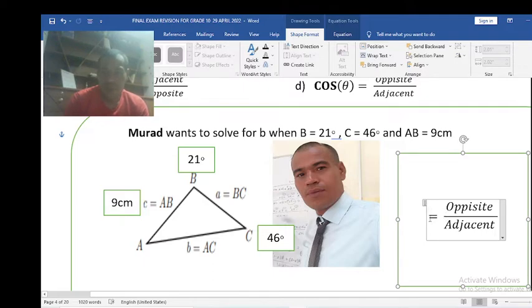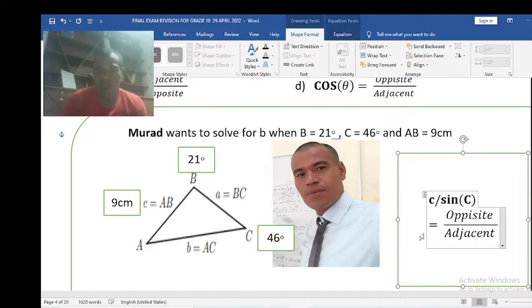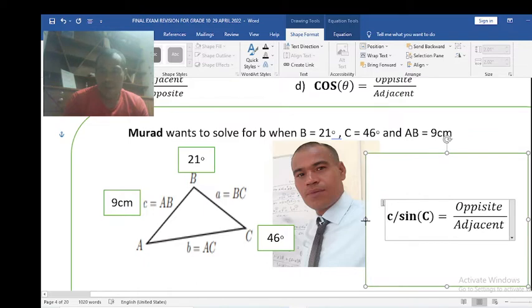The sine rule means 9 divided by sine of the angle capital C should be equal. I will use a fraction, it's better.